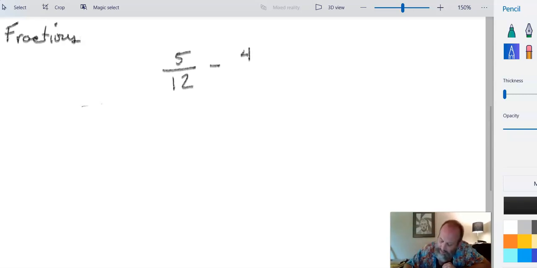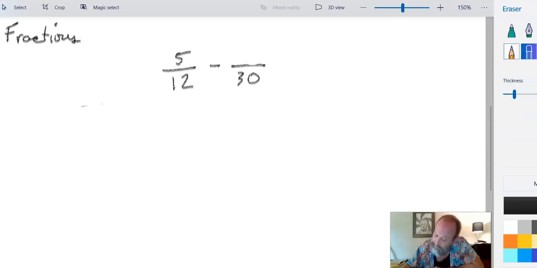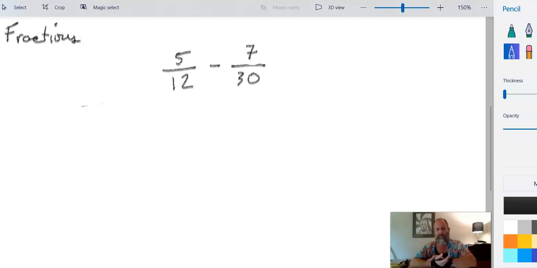And let's see here, 4/30. Actually, let's not make it 4/30. Let's change that numerator. Let's get something that won't go in there. How about 7/30? There we go. I didn't want them to reduce. Okay, so if we're going to subtract these, we have to find a common denominator, right?